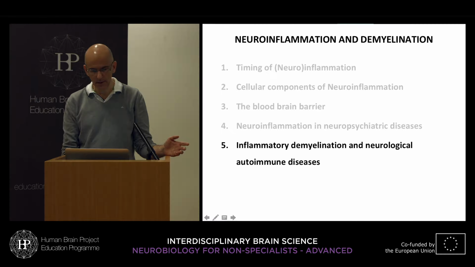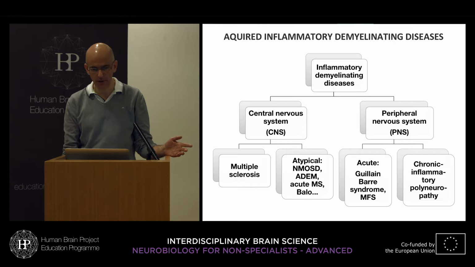Inflammatory demyelinating and neurological autoimmune diseases will then be the last and major topic of my lecture. If you look at acquired inflammatory demyelinating diseases, we distinguish those that affect the central nervous system and those that affect the peripheral nervous system.